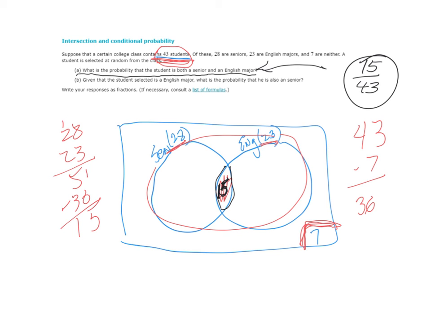Now, next, if it says, given the student selected is an English major, so what you're going to do when that's given, you're only looking in this circle right here. Given, you're only looking at these 23 people that are English majors. Given that, what's the probability he's also a senior? So you've got only 23 people you're looking at.